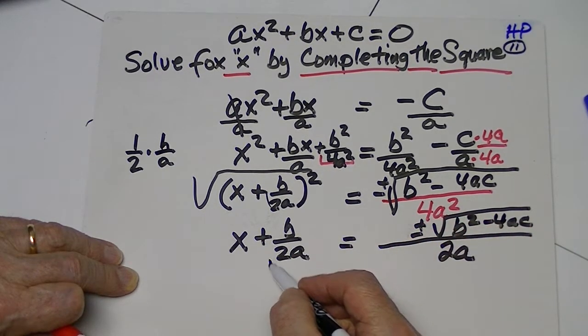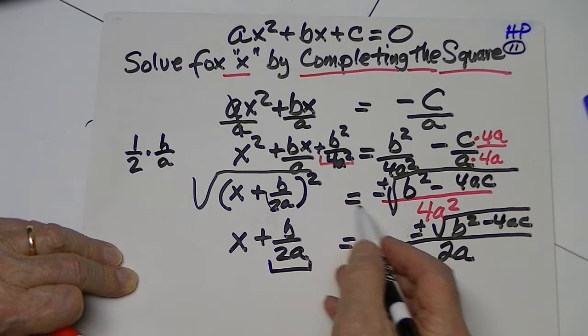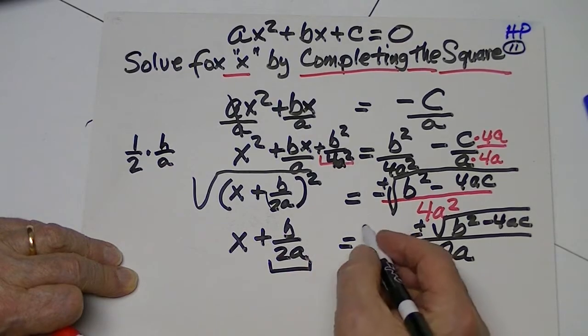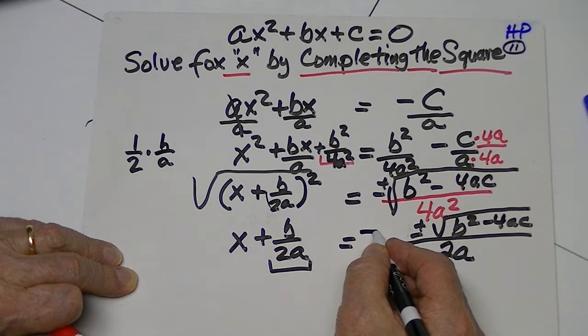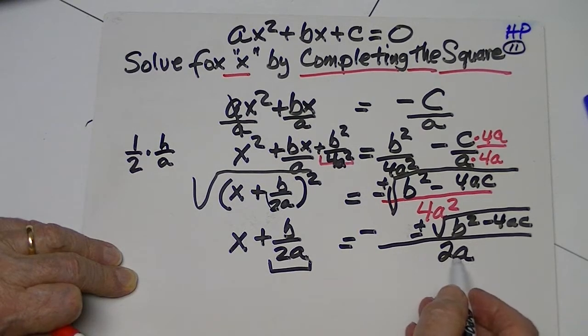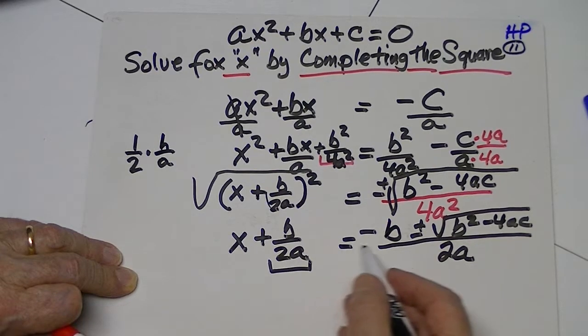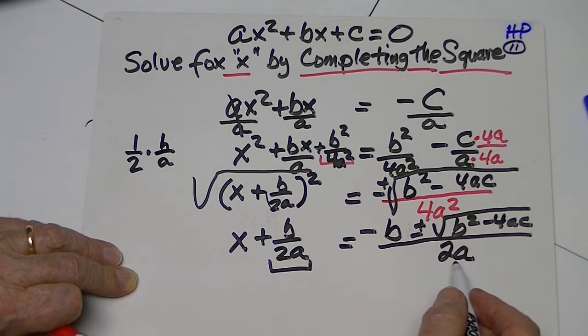Now, we take this term and transpose it, just changing its sign from a positive on this side to a negative. And notice our denominators are the same already, so this will just become a negative b here over this, but we're putting it all over now a common denominator.